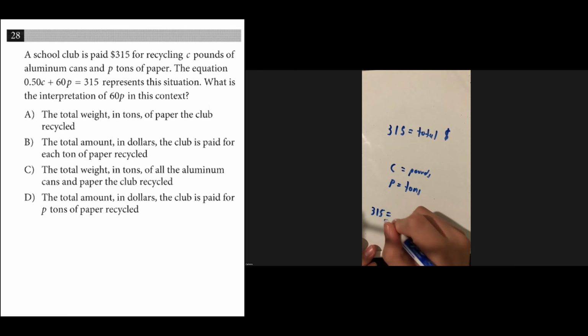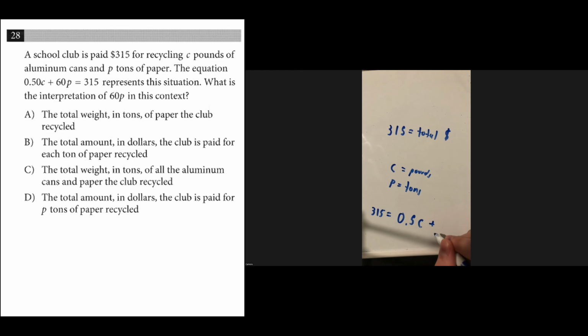For that to be set equal to something, since these are pounds and tons, if they don't add up, you have to convert them into prices. That means the numbers in front of them are prices. So 0.5C basically means for every pound of aluminum cans, you get 0.5, I guess that means 50 cents.